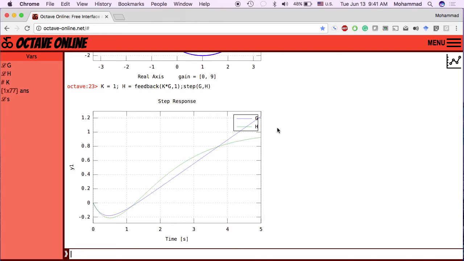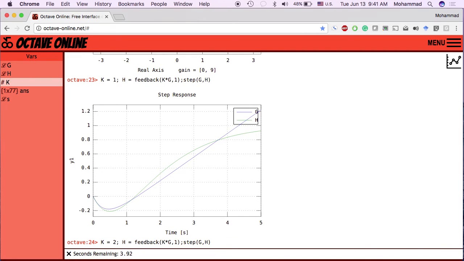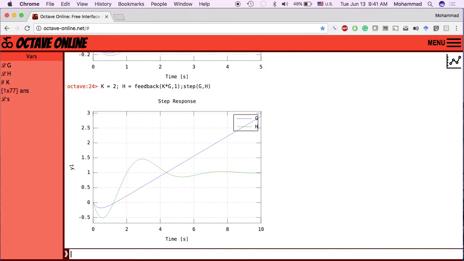Now let's try a number that is larger than 1. After 1, you start having some oscillation. So you have an underdamped system. So let's try K of 2. See, with K of 2, you see a clear oscillation, clear overshoot, but the system eventually settles at a steady state of 1.